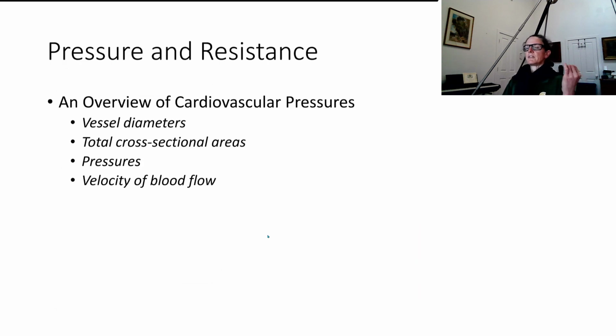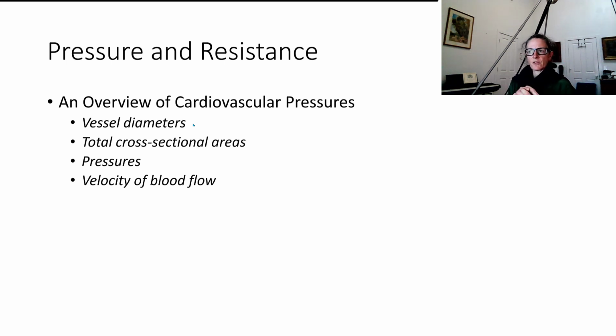Now let's look at the way the blood flows through the systemic circuit. We're going to see large vessel diameters give way to smaller and smaller vessel diameters, but then our total cross-sectional area will increase exponentially. Although we have very few large vessels, the aorta has a diameter of about 2.5 centimeters, but it's only one vessel.